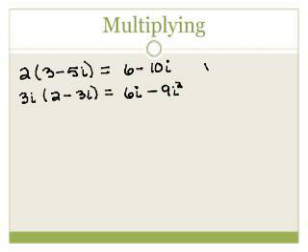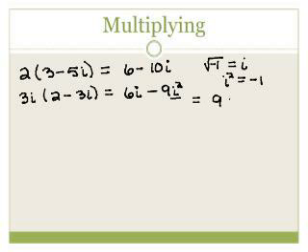Well, if the square root of negative 1 is i, then remember i squared is negative 1. So if i squared is negative 1, we take out this i squared, we put in a negative 1. So negative 1 times negative 9 is positive 9. So that becomes the real part, so we'll list it first. And then 6i is the imaginary part, so that goes at the end, so that we have it in standard form.